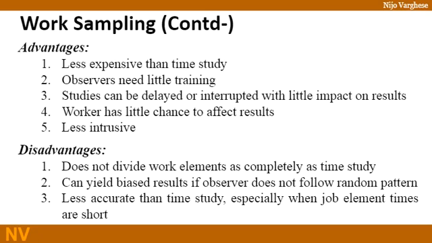The third is that it is less accurate than time study, which is an accurate method, especially when the job element times are very short. If the small elements of that work are very short, then this method will not be suitable. That's why it is suitable for long cycle work and heterogeneous kinds of work. Work sampling is ideal for those kinds of work.